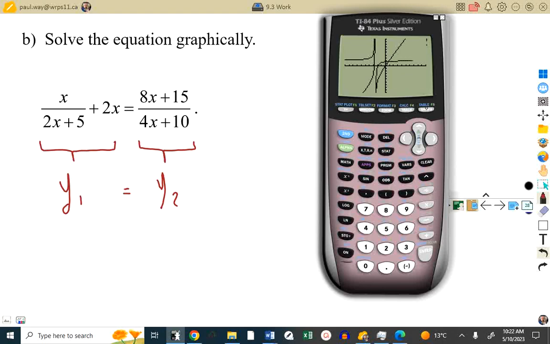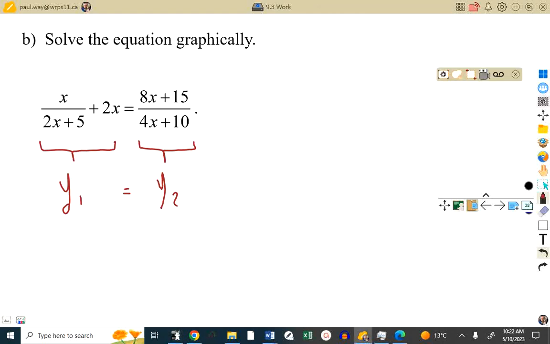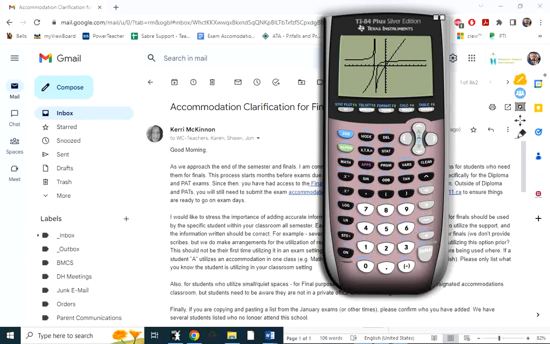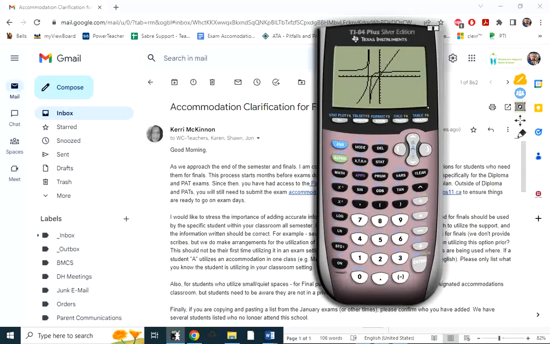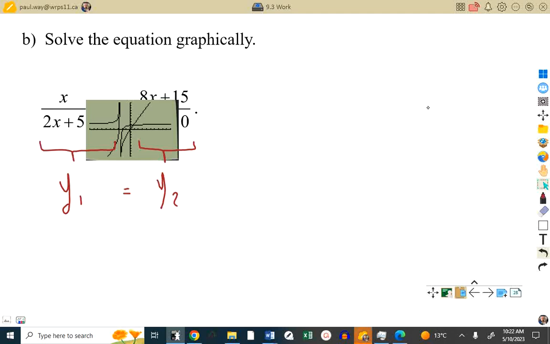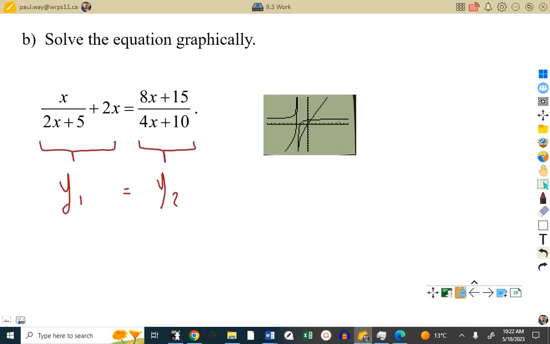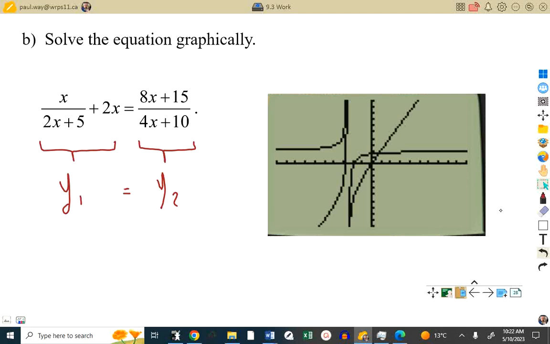There's the second graph. I want to point out to you the confusion here. This is why I'm doing the graphing first. I think it's quite obvious where one intersection point is, right in here, yes?